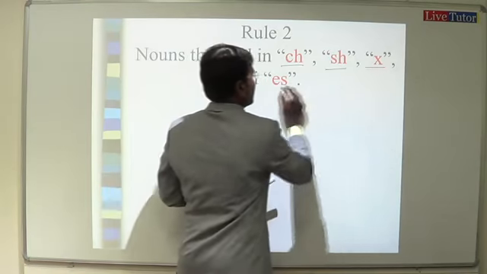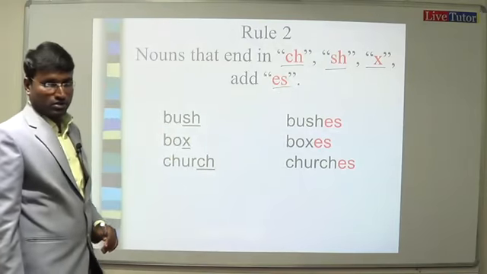A bush, isn't it? That's what we call a bush, a thorny shrub. Box becomes boxes. Next, church. Church is a worshipping place of the so-called Christians. It becomes churches. Since it ends with ch, we are adding es.